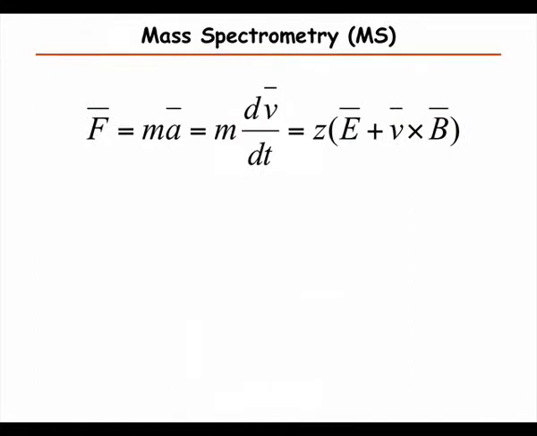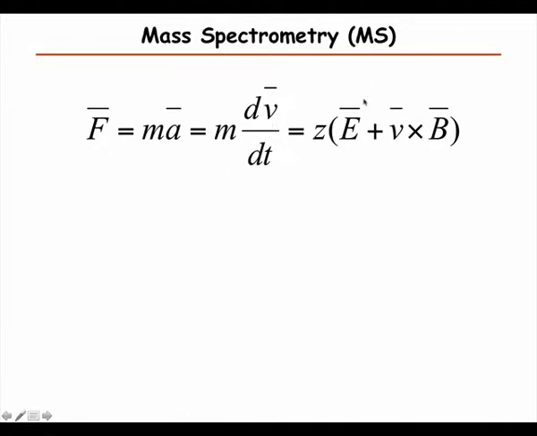So generally in a mass spectrometer, the way we measure mass is that we separate the charged ions in electrical and magnetic fields. So you probably remember that a force in general can be written as the mass times the acceleration, and the acceleration is the time derivative of the velocity.